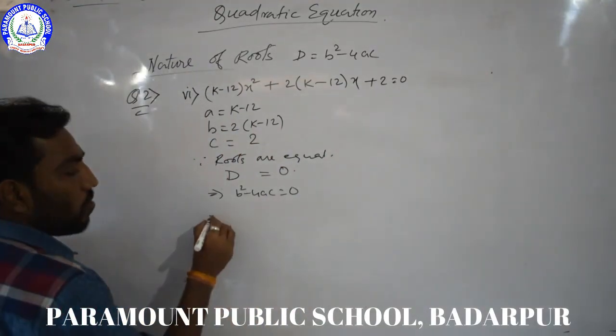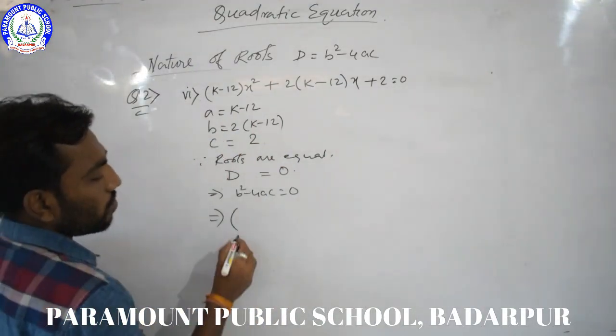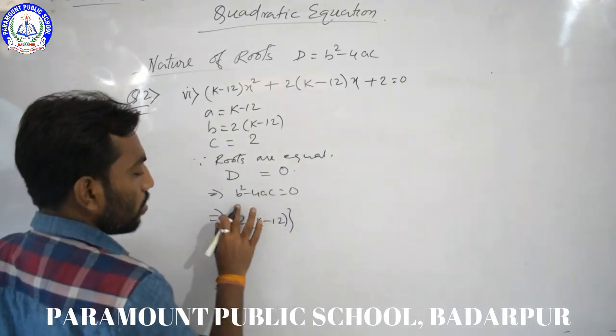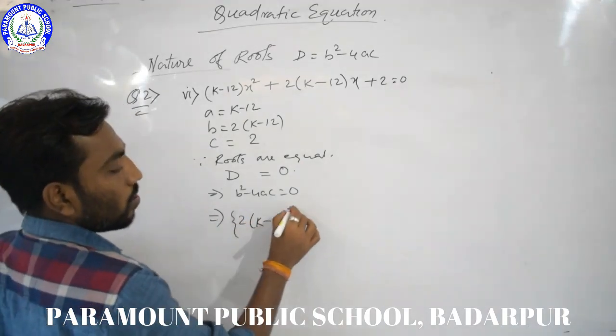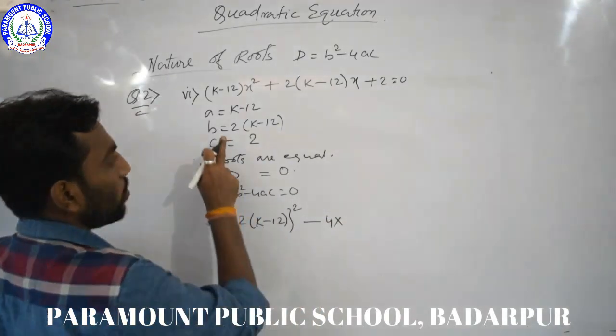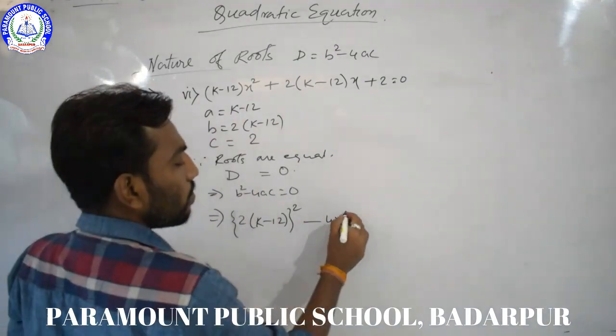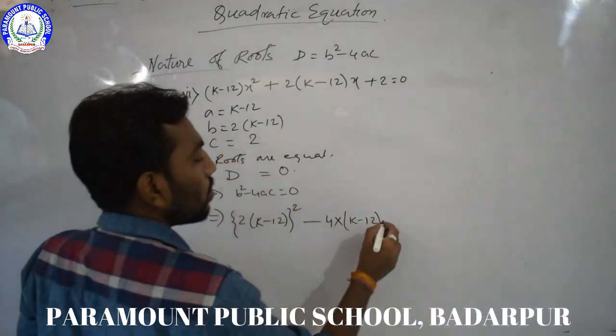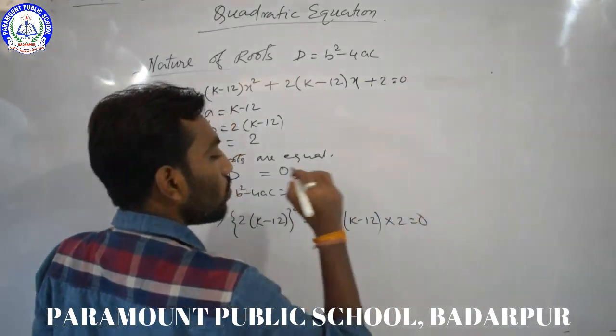So let us put the values. Our b value is 2 into (k minus 12) whole square, minus 4 into a value k minus 12 and our c value 2, is equal to 0.